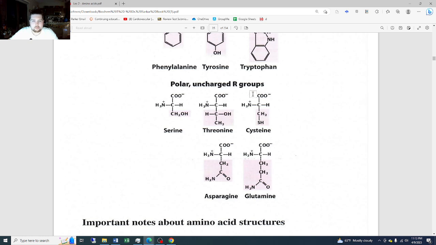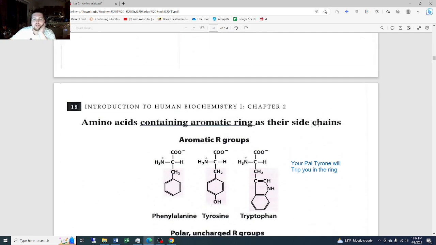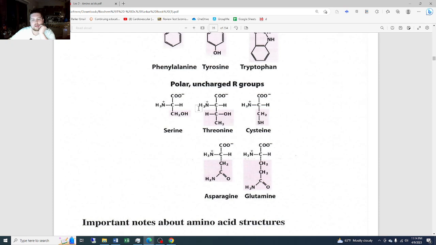Our polar uncharged amino acids. I'm trying to remember if he asked specifically about the polar ones. The way that I remember doing this was making up little wordplays similar to these to help you remember. If you come up with one yourself, it's going to be a lot more memorable, and it's going to help you really ingrain it into your brain and practice it.